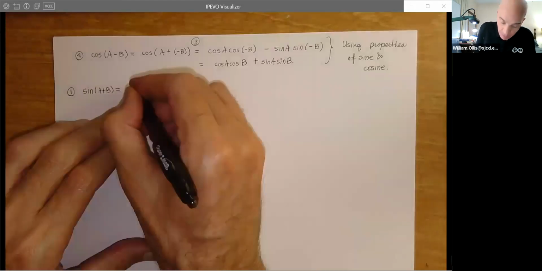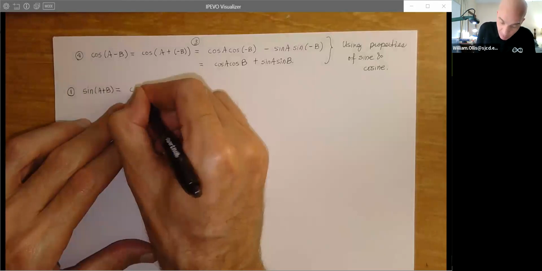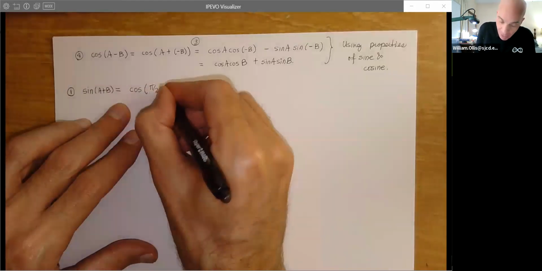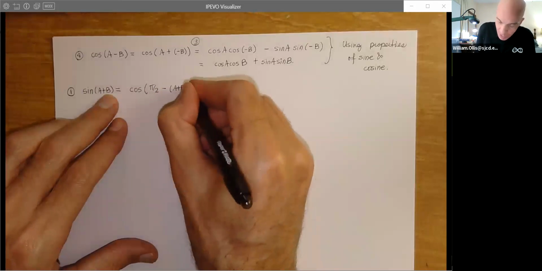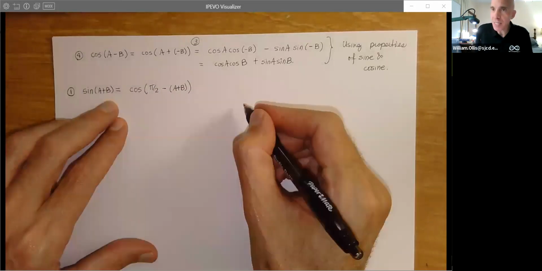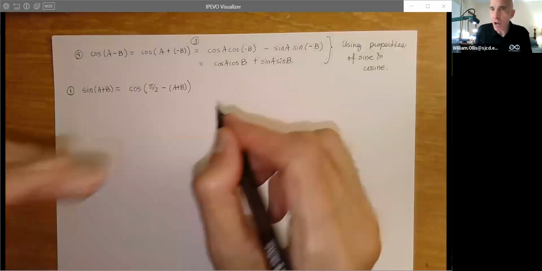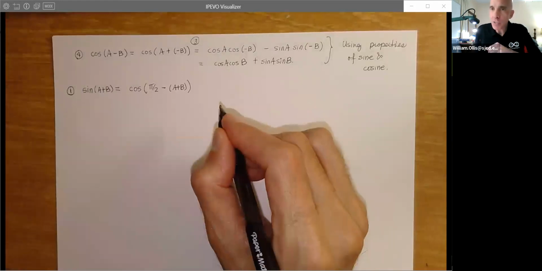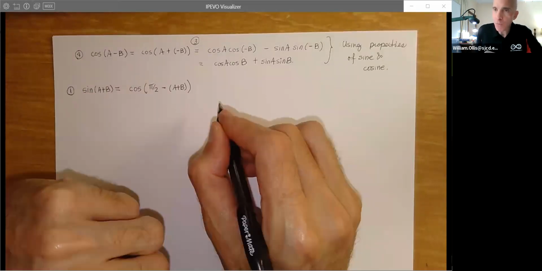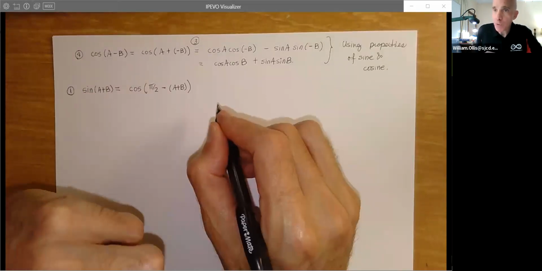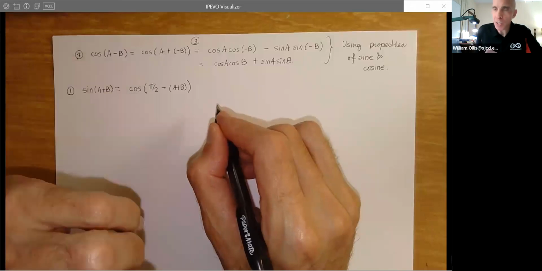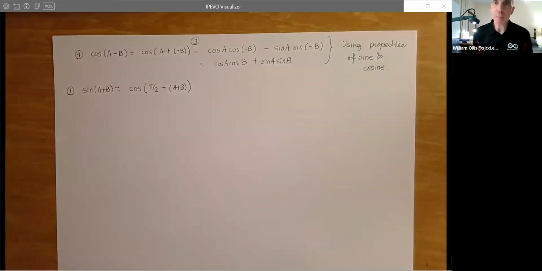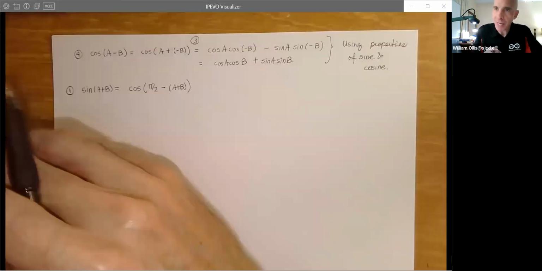So this will be the same thing as cosine of pi over 2 minus the angle A plus B. And of course, we always think of the reference triangle, because any measurement can always be put back into the first quadrant using the reference number or the reference angle. That's really the key behind the geometric interpretation of the trigonometry. The modulo 2 pi is amazing. It's really amazing how it works.